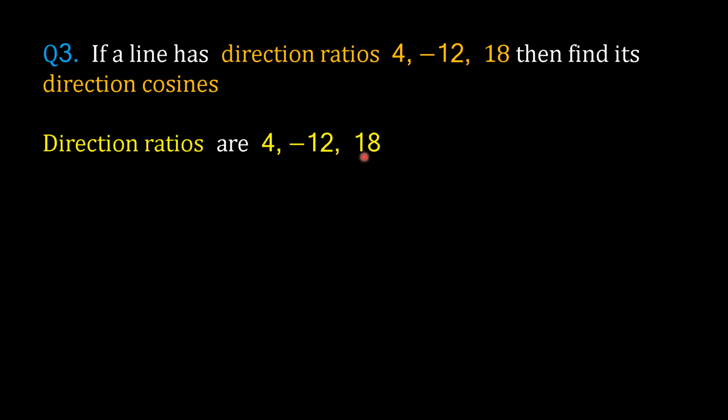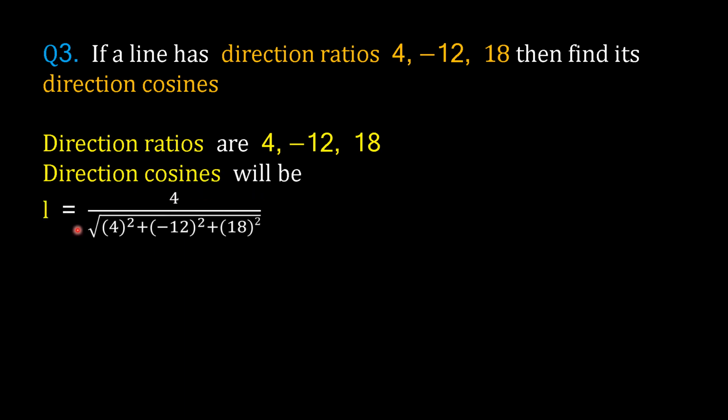Therefore, its direction cosines will be l equals 4 by square root of 4 squared plus minus 12 squared plus 18 squared, which will be 4 by square root of 16 plus 144 plus 324, which will be 4 by square root of 484.